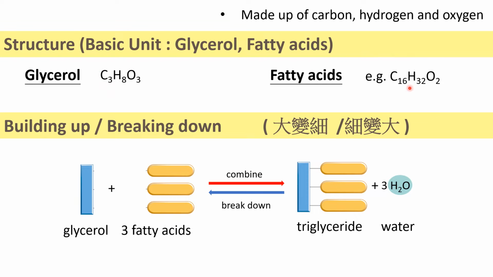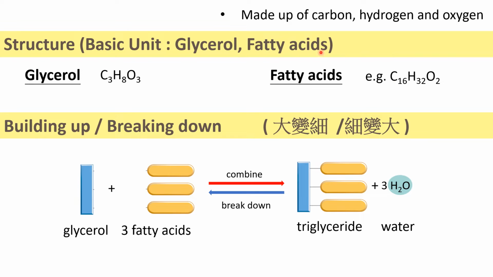Read the chemical structure. Now you don't need to remember, but realize that like carbohydrates, triglycerides or fats are only made up of carbon, hydrogen, and oxygen. What's different is the ratio of H and O. It's not 2 to 1 anymore.